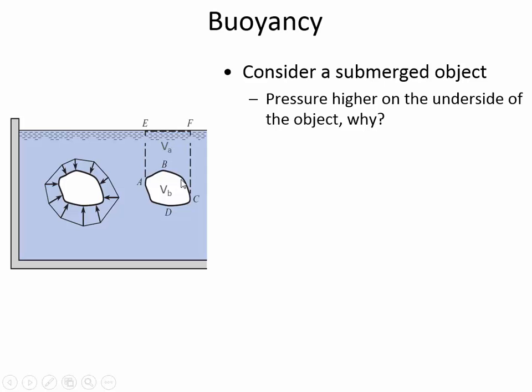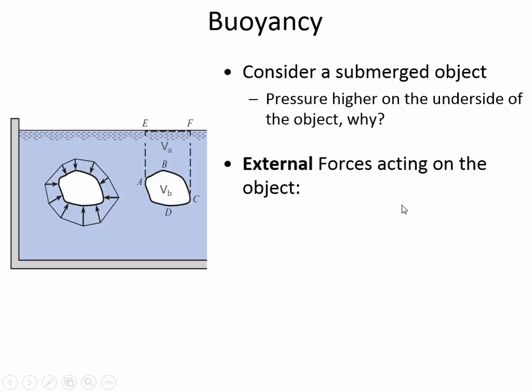So here's that object, and consider it in terms of the volume of water that's above it, the volume of the object itself, and there are external forces acting on the object. And a force we already know is pressure times area.